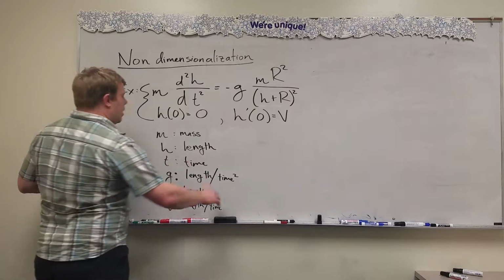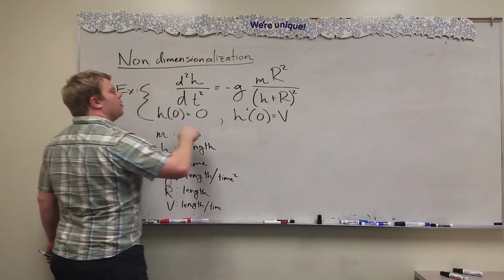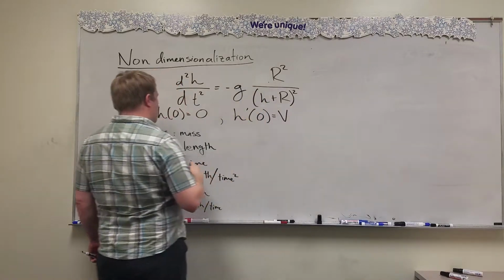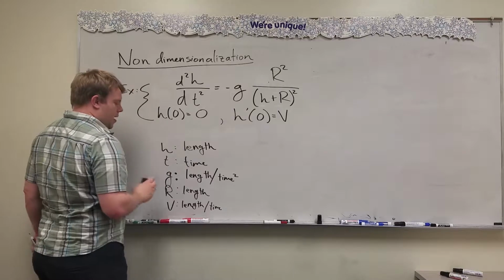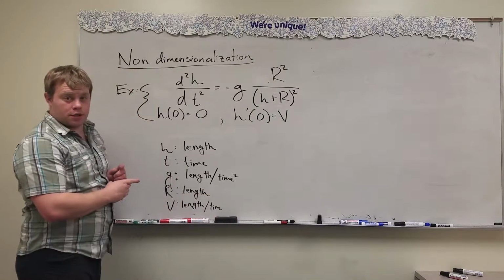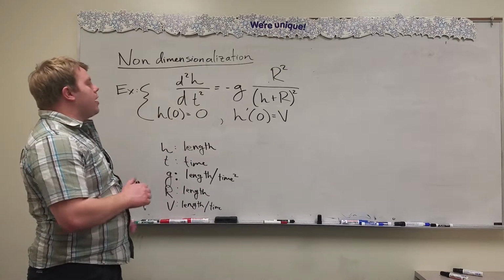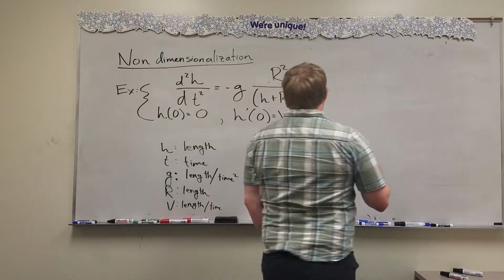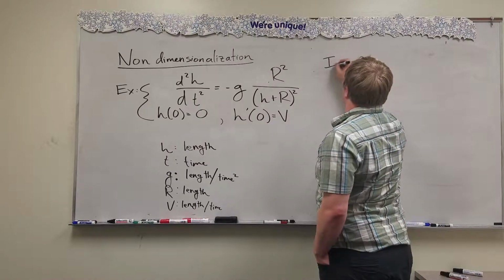Of course, we have this m sitting in the front of both sides of the equation, so I can just divide everything by m. I don't really need to worry about mass, and everything else is just in terms of length and time. Now, when I non-dimensionalize, I always start with independent variables.